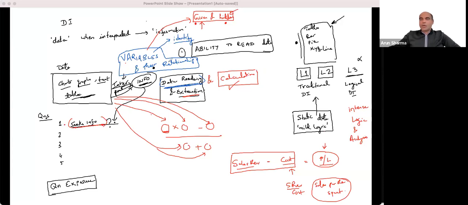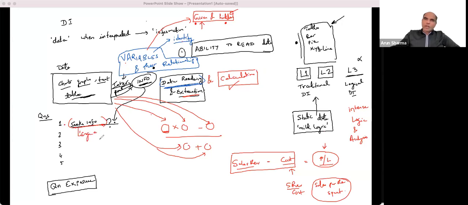And this is where the quants part of DI comes in. So this is the basic structure. You identify the variables, you understand their relationships. Through the relationships, you understand which new variables are emerging. And from there, the next skill is to understand the language of the question.